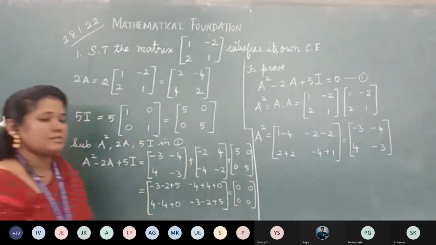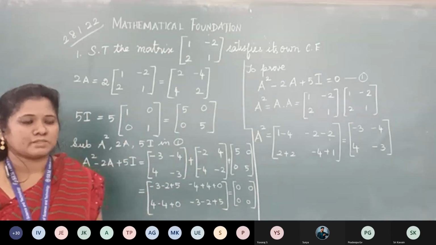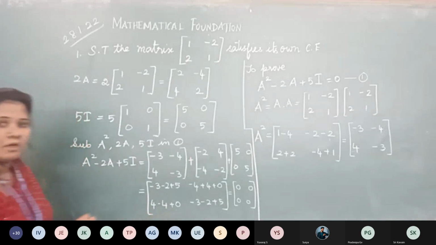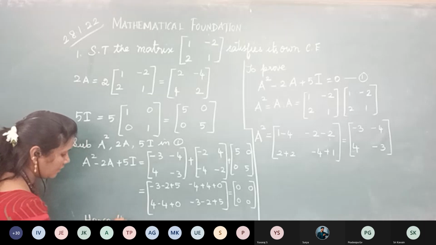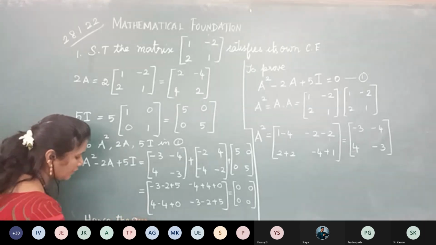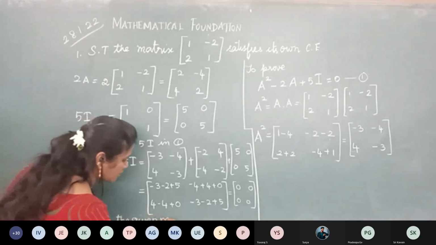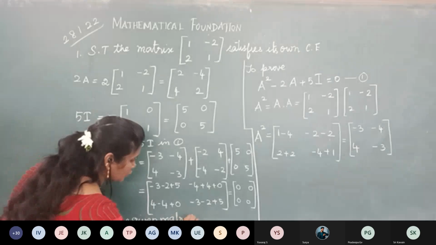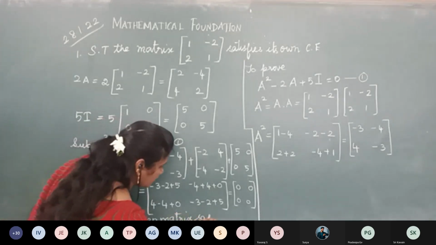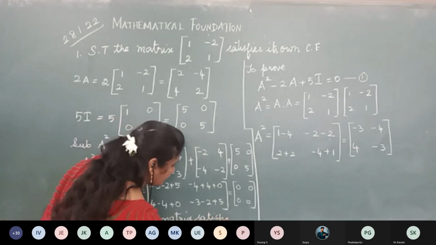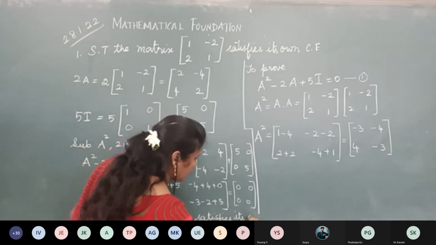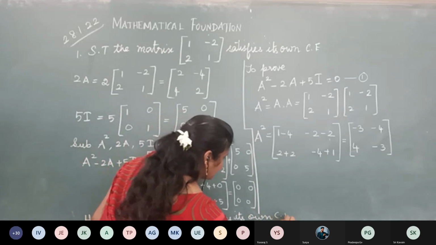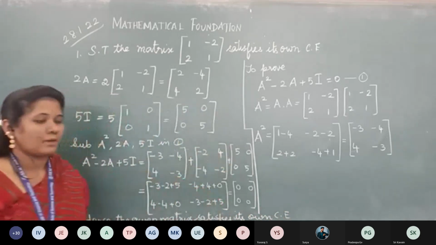Hence, the given matrix satisfies its own characteristic equation. You will conclude it like this.